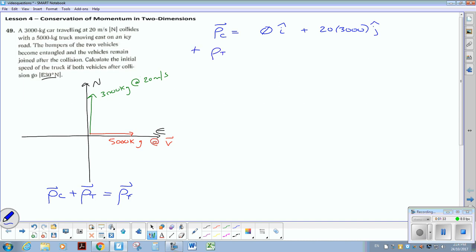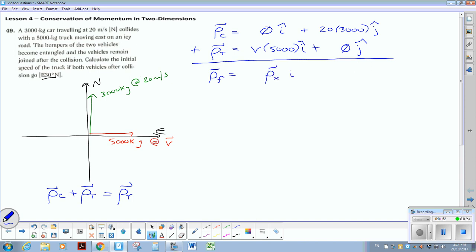Add the momentum of the truck. It's heading east, so I don't know the velocity, so we're going to use the variable v times 5,000I plus 0J. That's going to give me my final momentum, so I'm going to have momentum in the x, I plus momentum in the y, j.